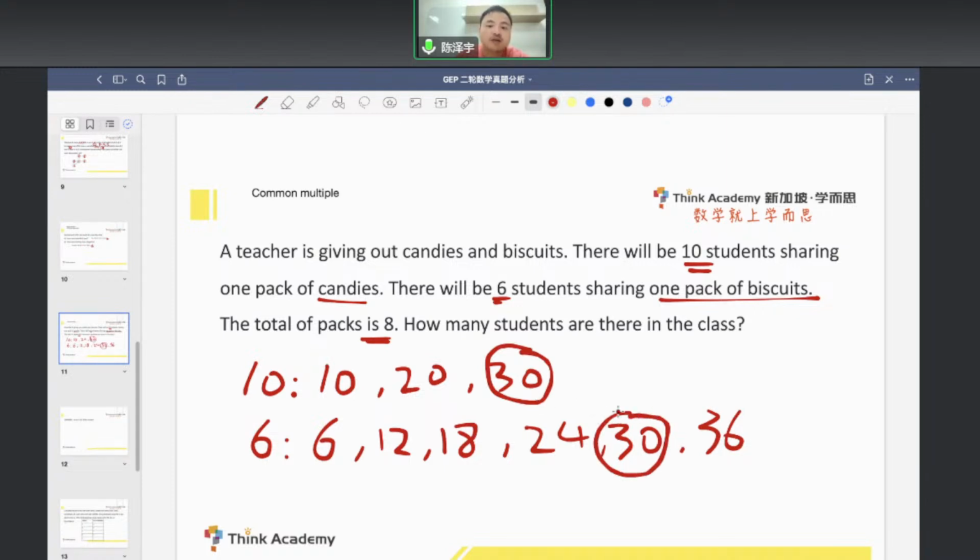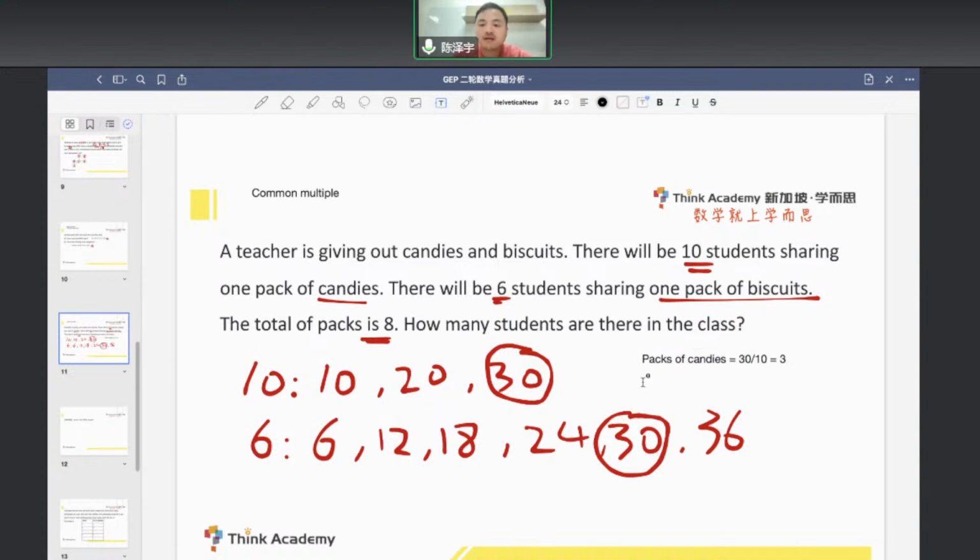Let's check whether this number matches the total number of packs. In order to have 30 students, with 10 students sharing one pack of candies, the candies need 30 divided by 10, which is 3 packs.